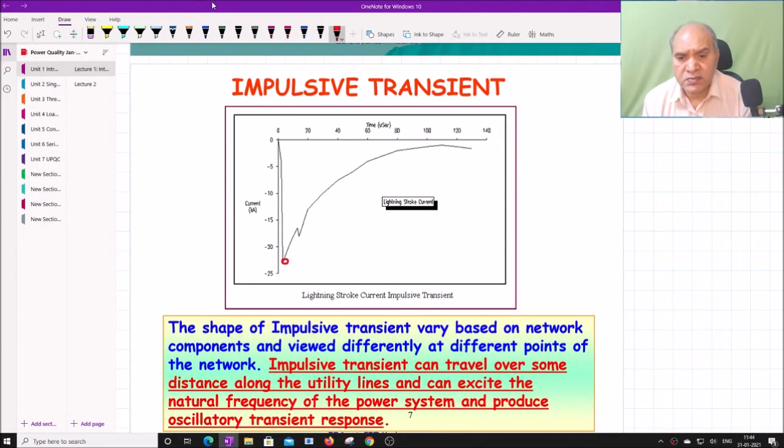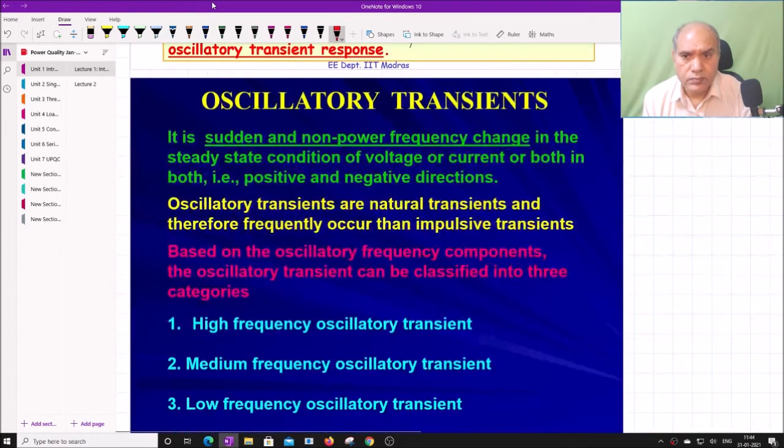These impulsive transients travel over some distance along the utility. In the process, they can excite some natural frequency of the power system and may produce an oscillatory transient response. So let us come to the oscillatory transients.